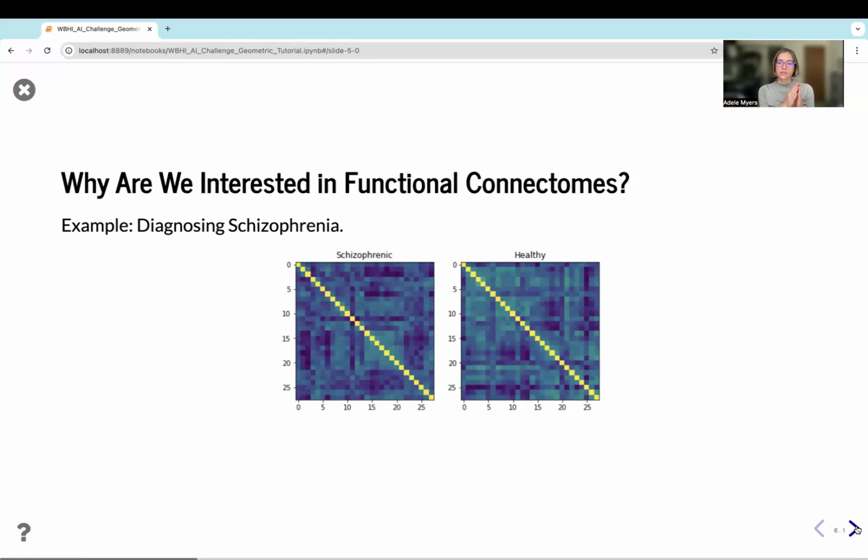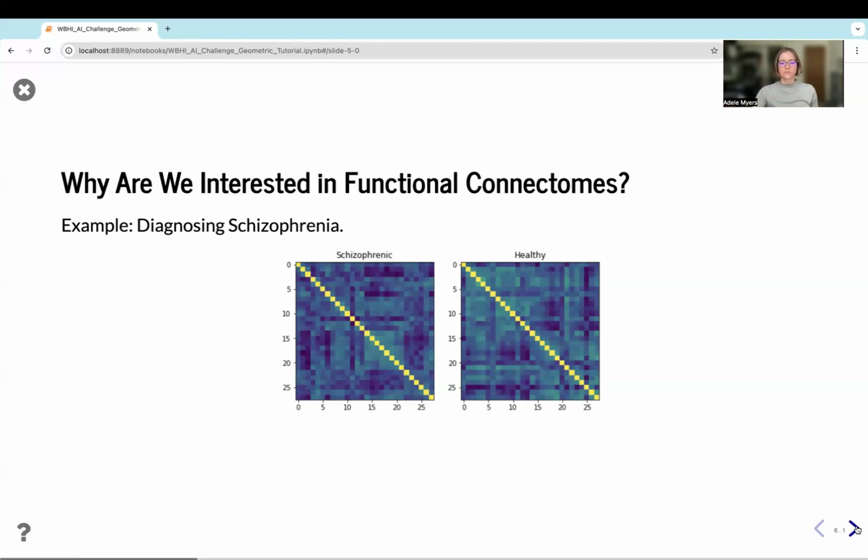These are the 0 through 25th brain regions that we're interested in measuring. And then on the y-axis, we see another 0 through 25 markings, which are also the exact same 25 brain areas.